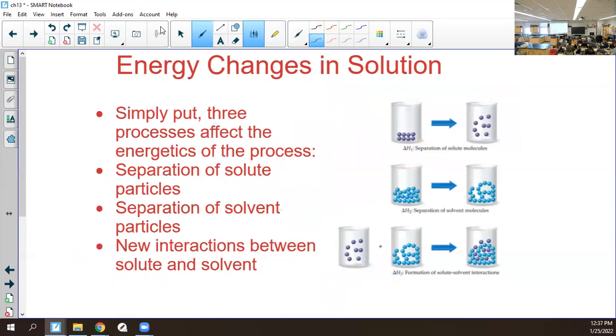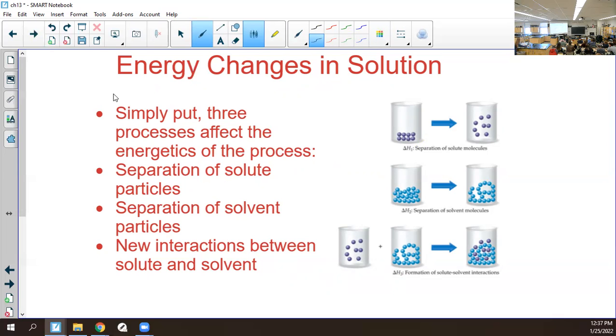This is going to get a little bit tricky, so I'd pay attention the next few minutes. Are we ready? There are energy changes in a solution. This will be the only complicated part of all of chapter 13.